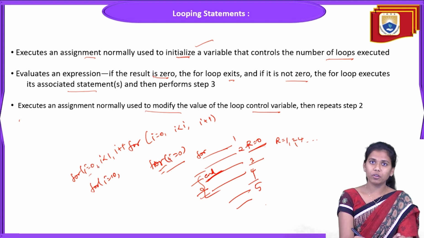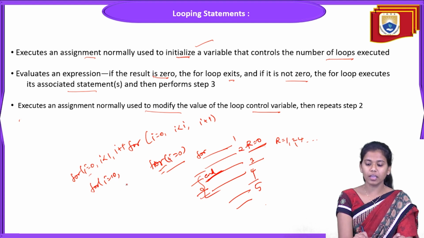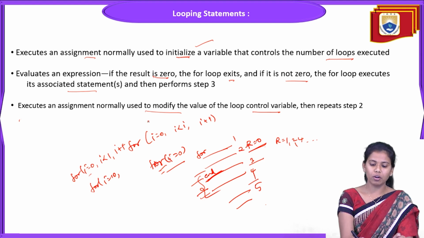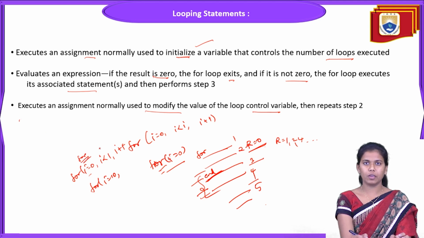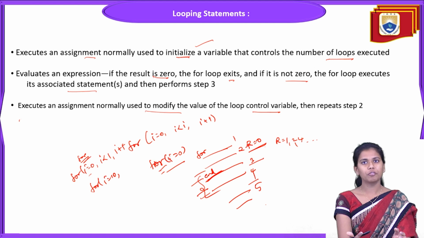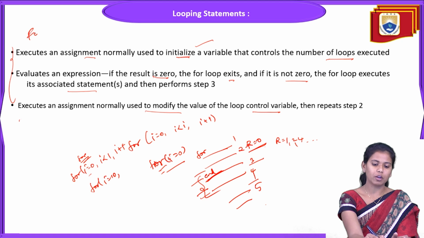So I'm modifying the value of the variable. In order to modify the values of a particular variable, we can go for a for loop statement. So this is all about the for loop.